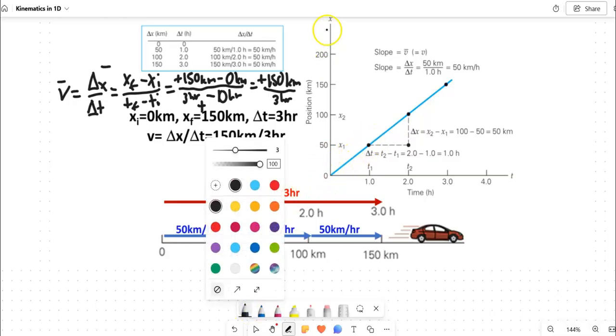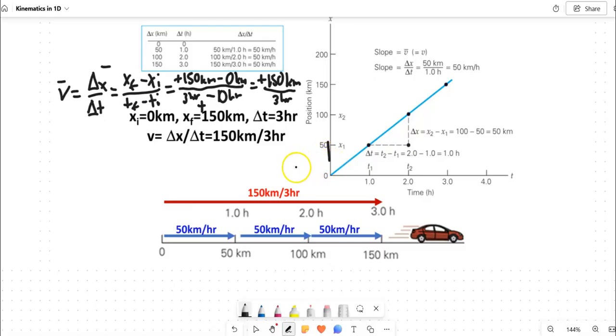Right here we have position in the x direction versus time. These are positive positions, so you're moving to the right: 50 kilometers, 100 kilometers, 150 kilometers, 200 kilometers. This is our time, 0 hours, 1 hour, 2 hours, 3 hours, 4 hours.